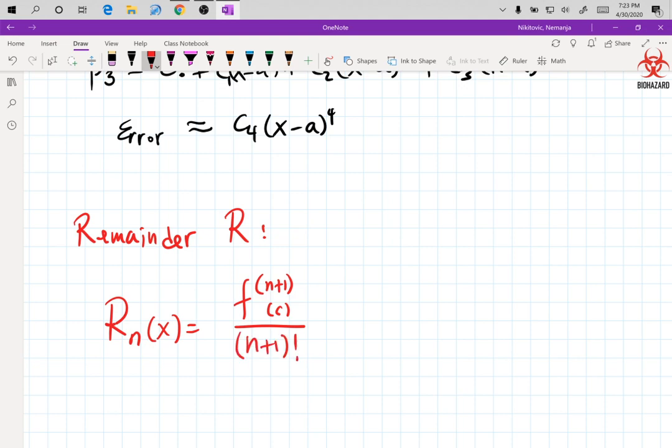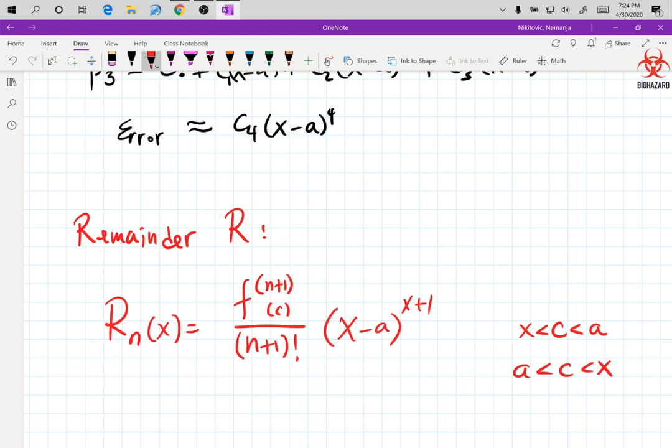You see, that's just the next derivative, the next factorial, times x minus a to the next power. So if you are computing P3, then all of these are 3 plus 1, 4, right? Now, this c is in between your values x and a, or they can be a, c, x, depending on what the problem is.